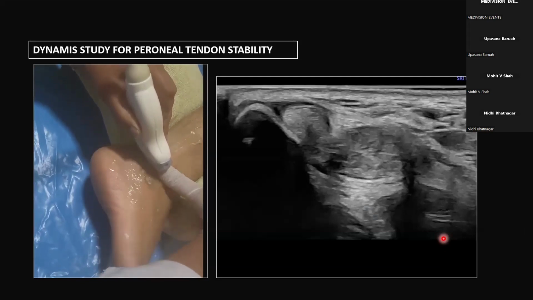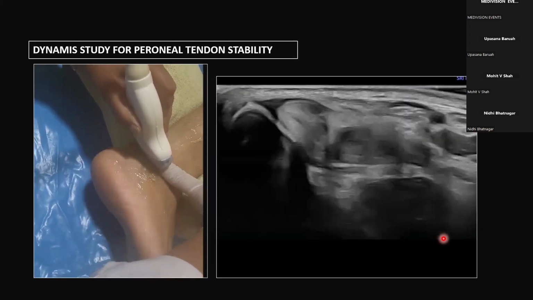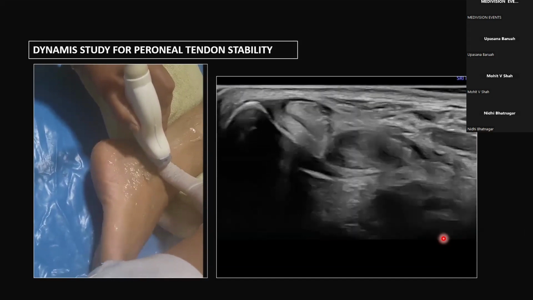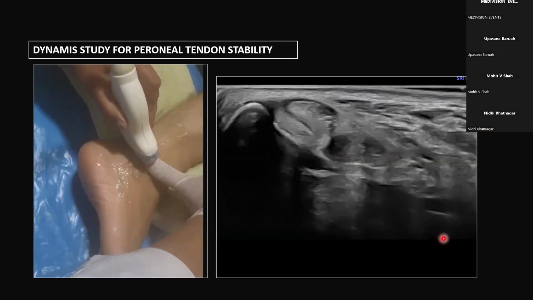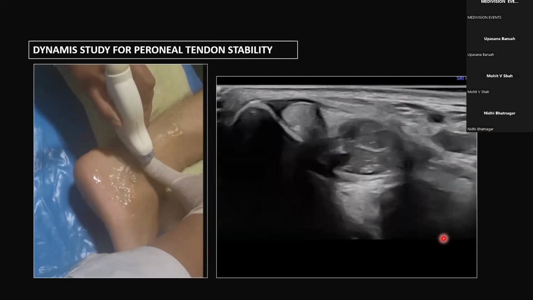Ask the patient to rotate the foot. Then we can see the movement of the tendons below the superior peroneal retinaculum, and there are gratings that, I think, ma'am will explain.